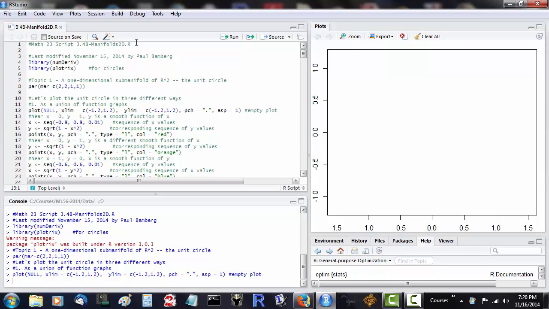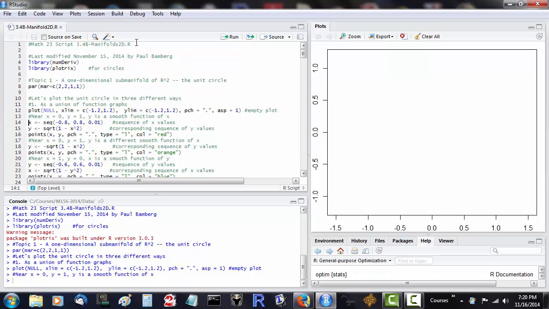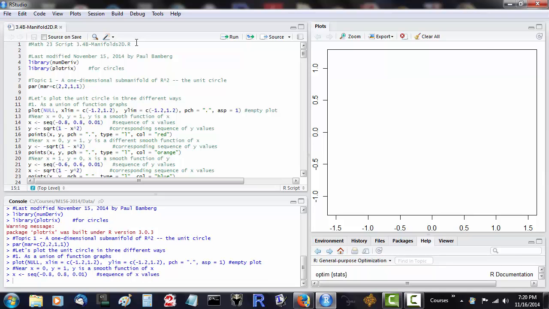And if we look at the top of the circle, where y equals 1 and x equals 0, you can see that y is a smooth function of x. So let's graph this. Instead of using the curve function, I'm actually going to set up a sequence of x values going from minus 0.8 to 0.8 and calculate the corresponding y values by taking the square root of 1 minus x squared.